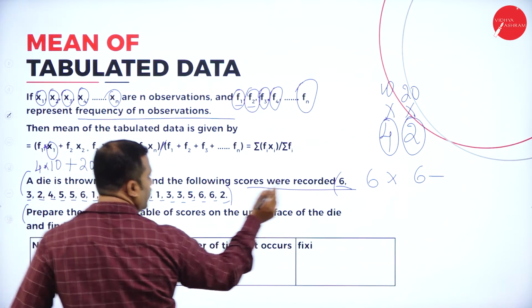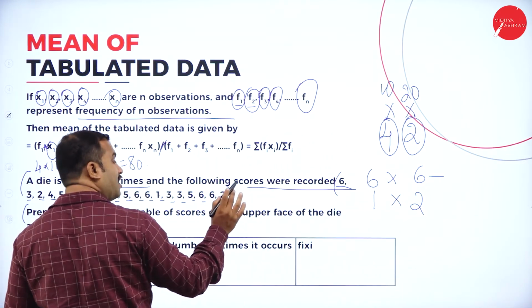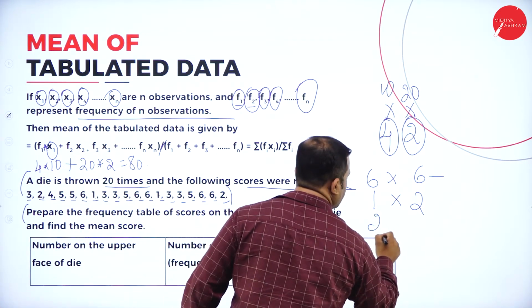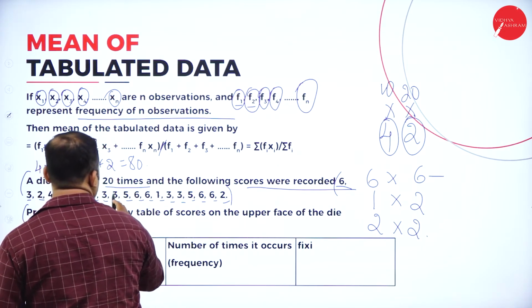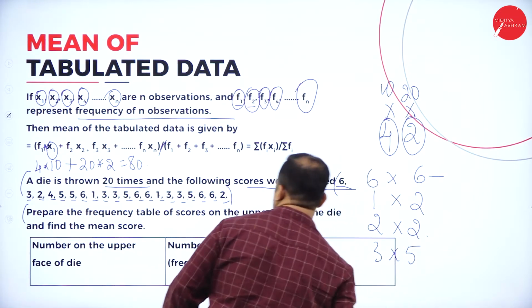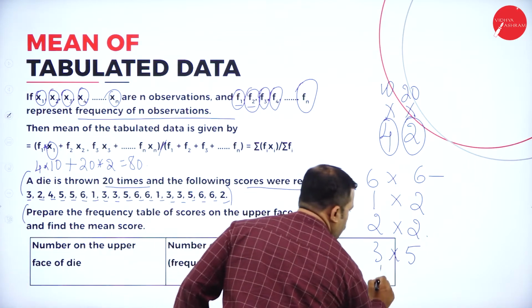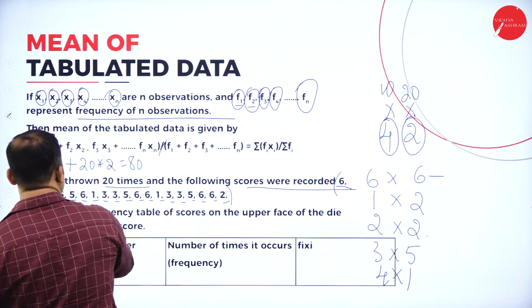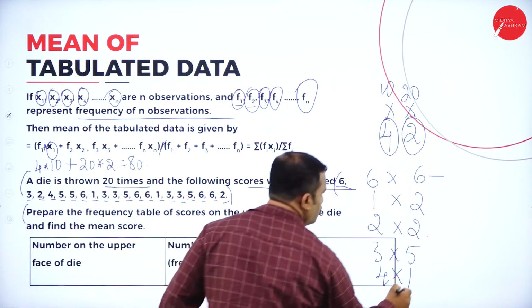Only 2 times. 2 is appearing 2 times here. 3 is appearing 5 times. 4 is appearing once, 4 into 1. This is the frequency. 5 is appearing 4 times.